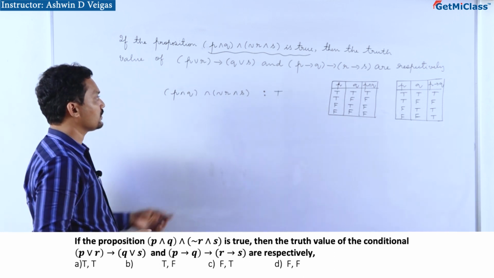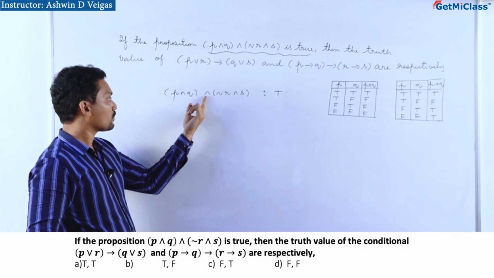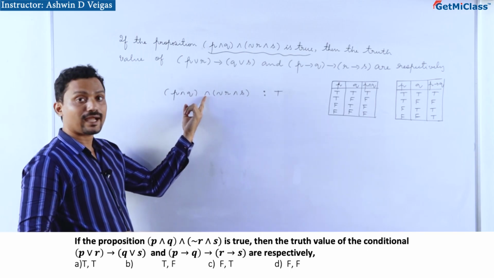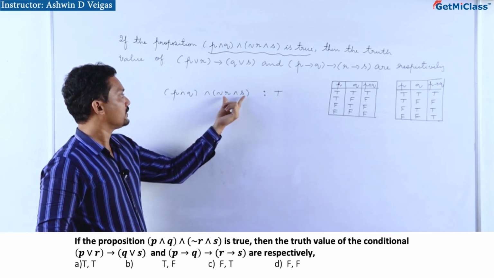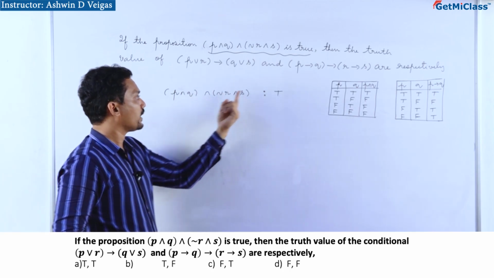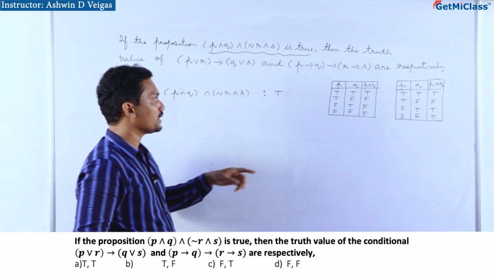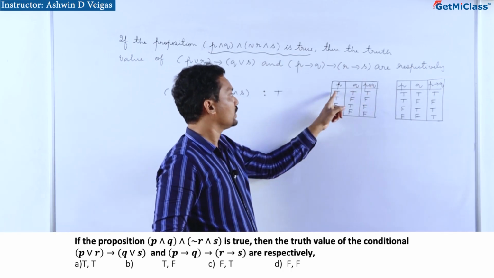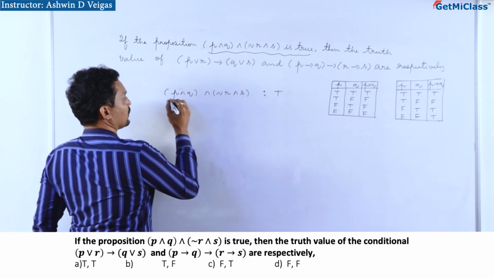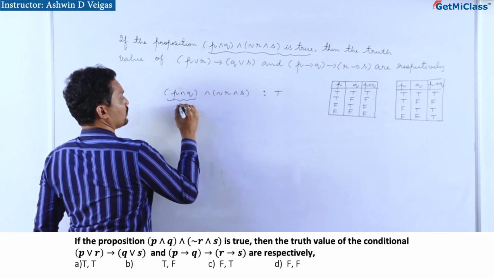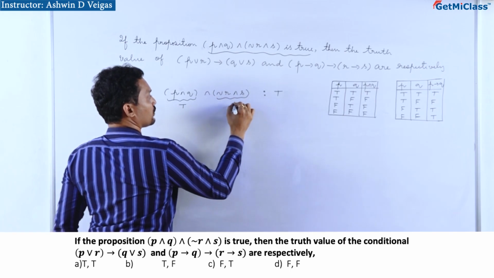Now, if you look at this, the main connective is AND. Now, when is AND true? If you see the table, AND is true only when both are true. That means, for this AND to be true, the first component should be true and the second component also should be true.